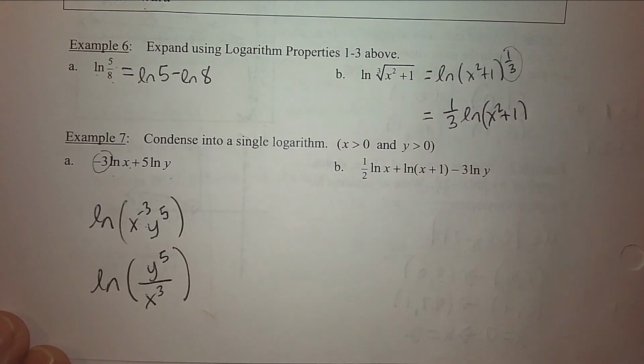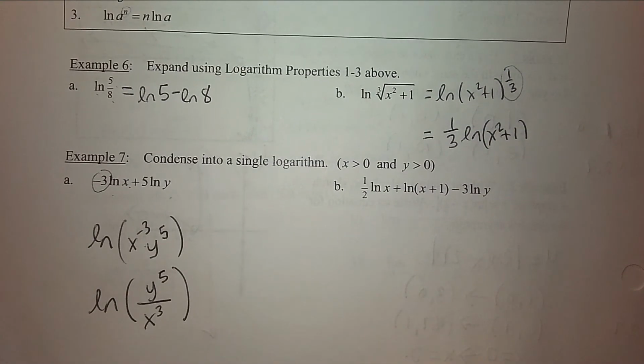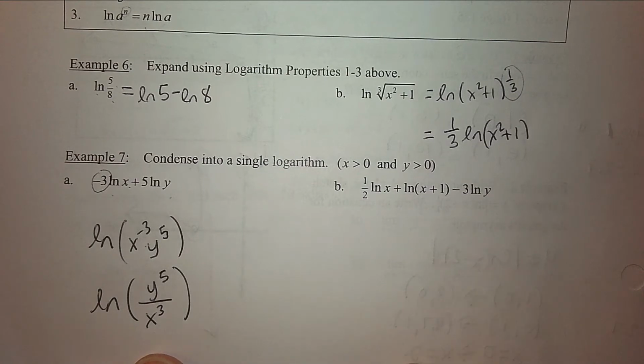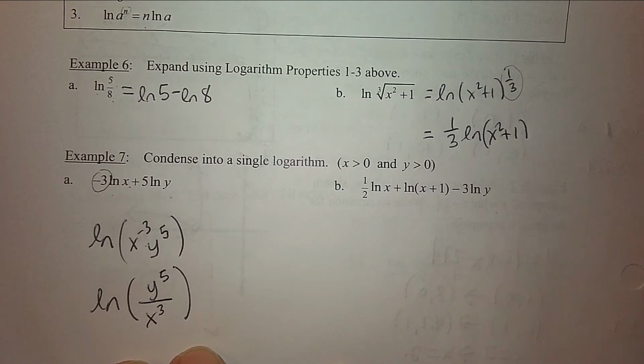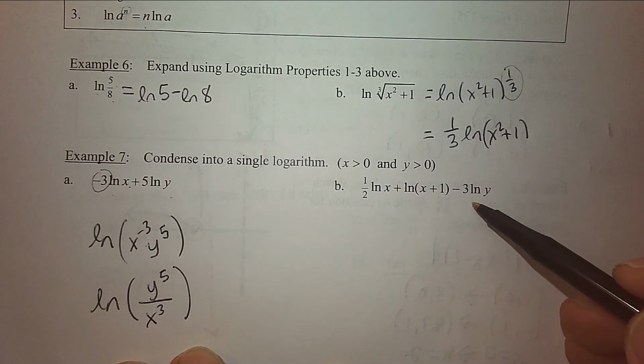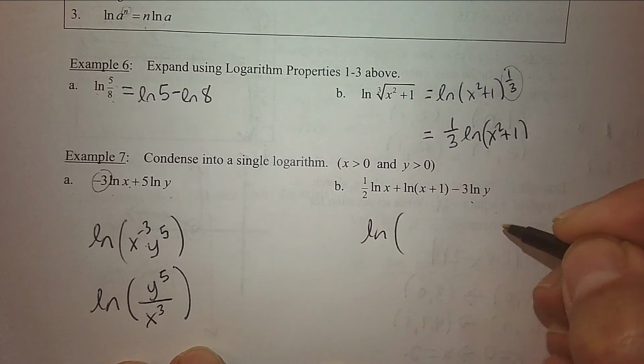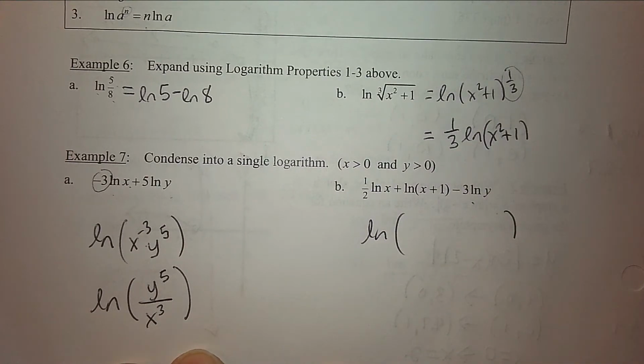The next one. How do I write this as one logarithm? Do they all have the same base? Okay, let's write it as one logarithm. What's it going to look like?